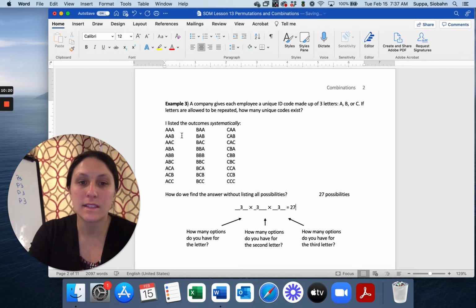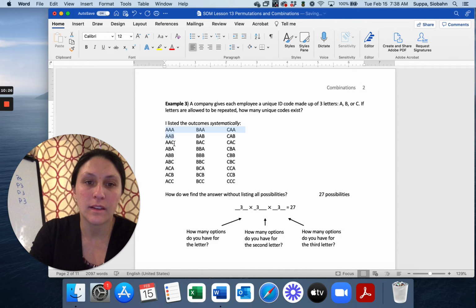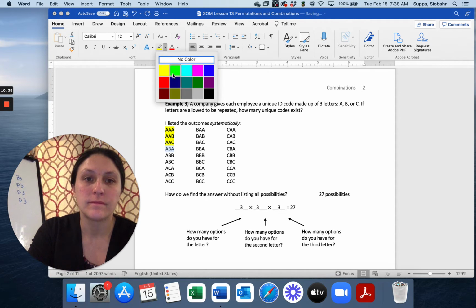You can see this in the way I listed them here. If I were to highlight just these, these are all my AAs. Then these ones here are all ABs. And then the last set, these are all ACs.